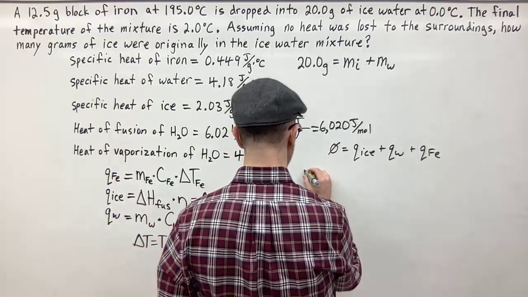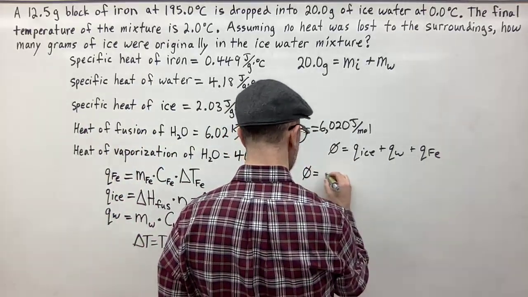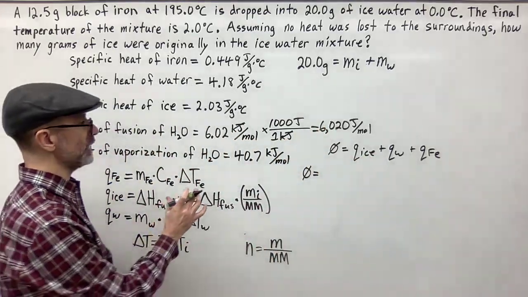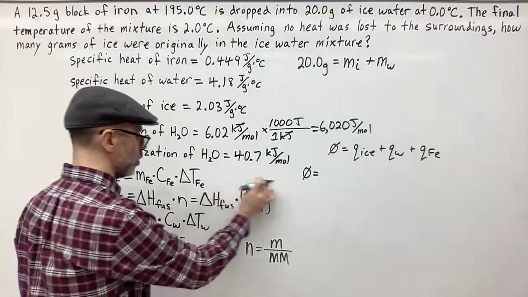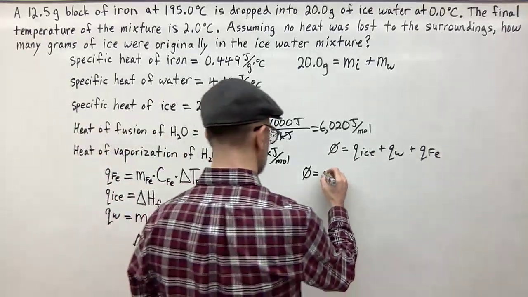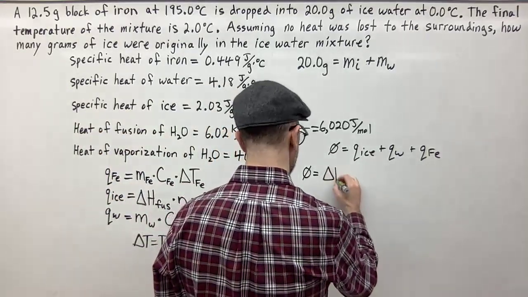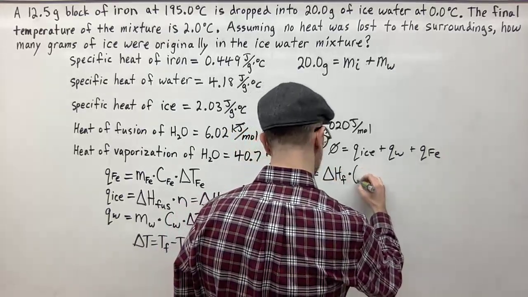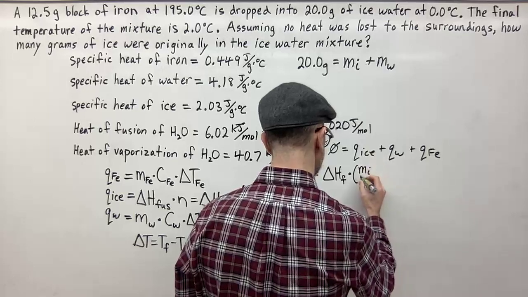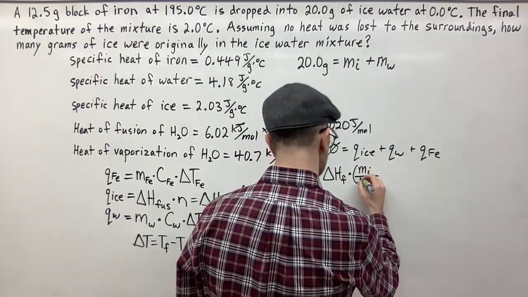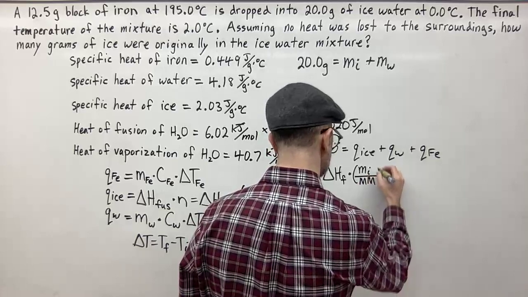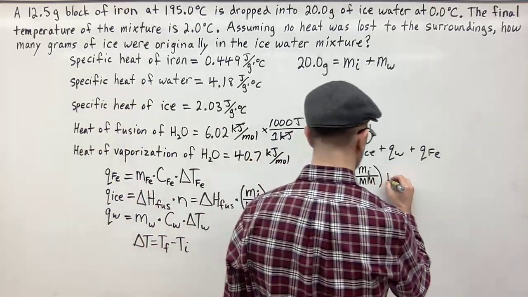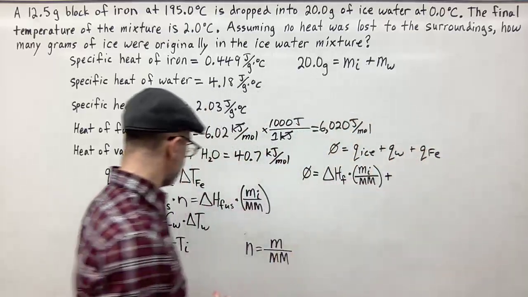So here we're going to have 0 is equal to the Q of the ice. And our Q of the ice is this one here. So it's going to be the heat of fusion of ice multiplied by the mass of the ice that we're looking for divided by the molar mass of water, plus, now it's going to be Q of the water.